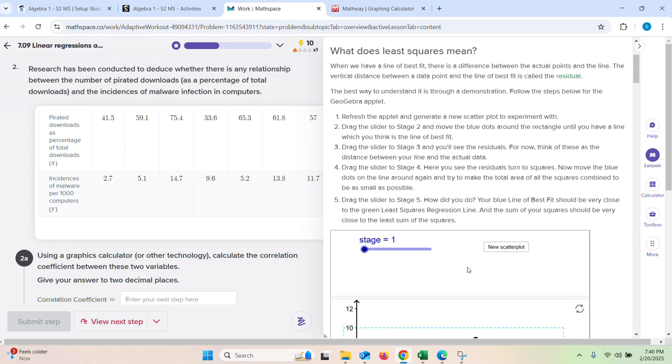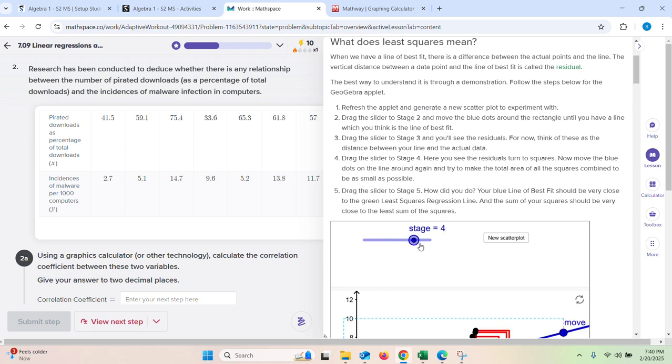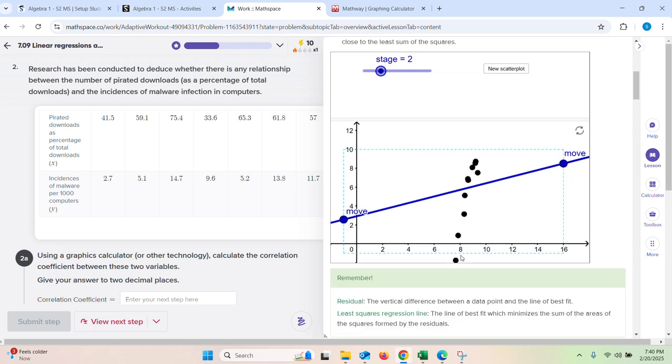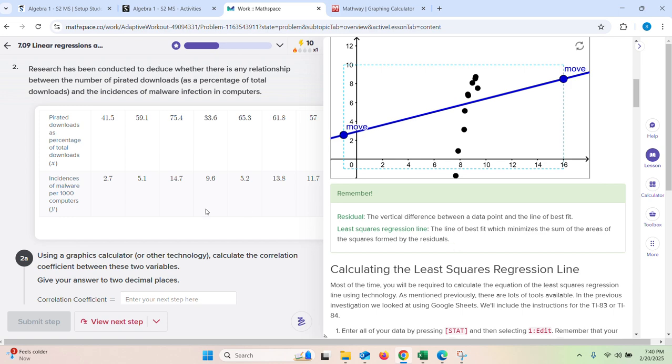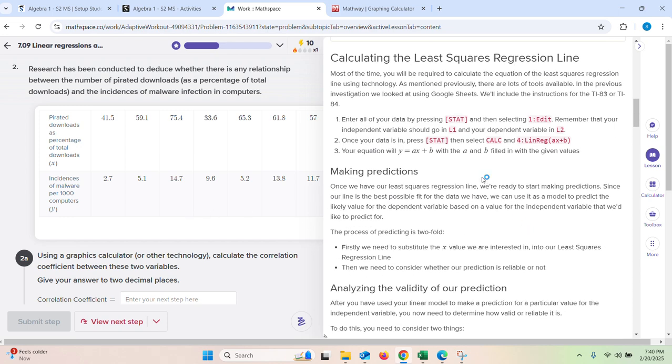And then when they're talking about how to use... I mean, this is all great, but this doesn't help us with how to do the problem here. And then they tell you how to use your graphing calculator if you have a TI-83 or TI-84, but most of you don't have one, and you can do most of the stuff without one because you have a scientific calculator on board.